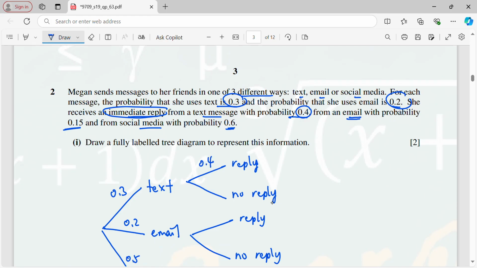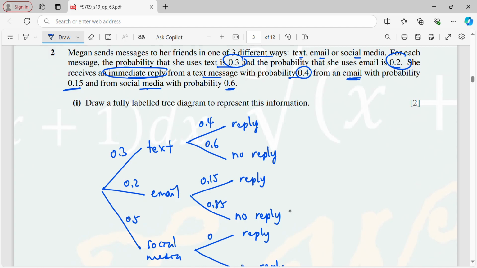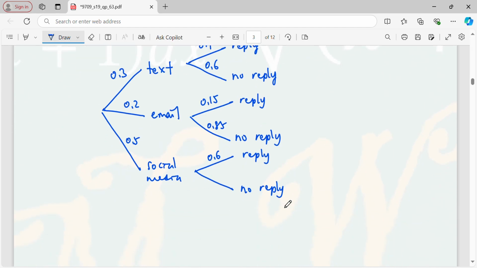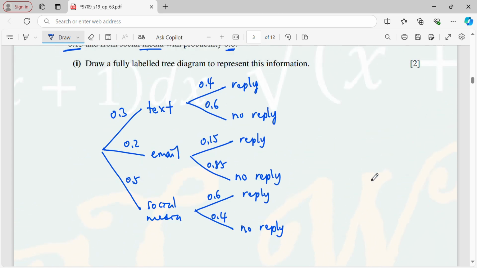So that means no reply is 0.6. It's not an immediate reply. Okay, so for email, it will be 0.15. So 1 minus 0.15, you will be getting 0.85. And social media, 0.6 immediate reply, and not immediate reply, it will be 0.4. Okay, so this is the tree diagram.